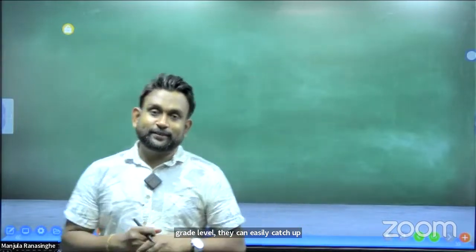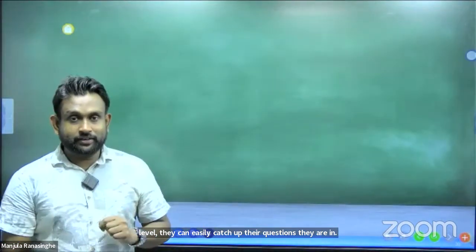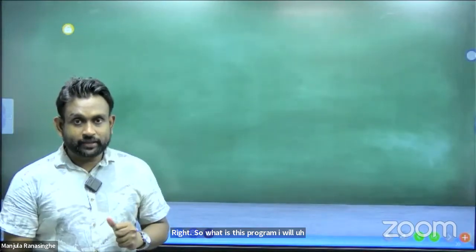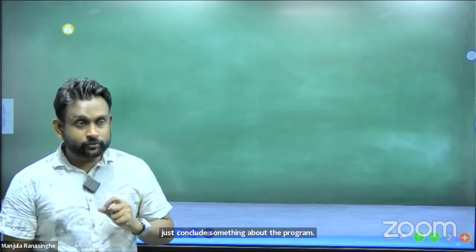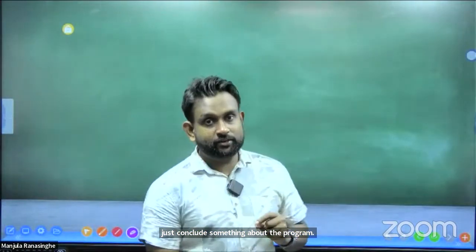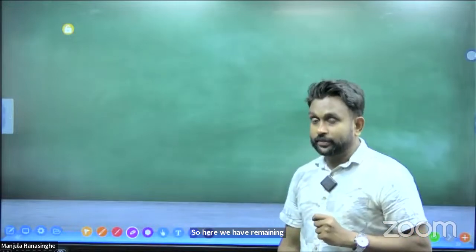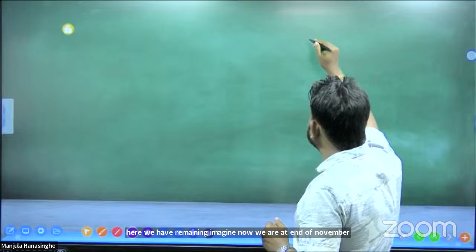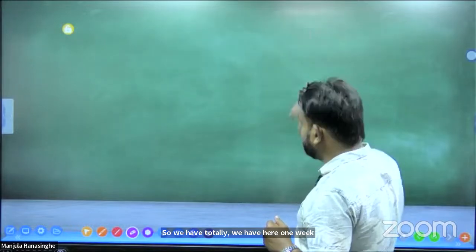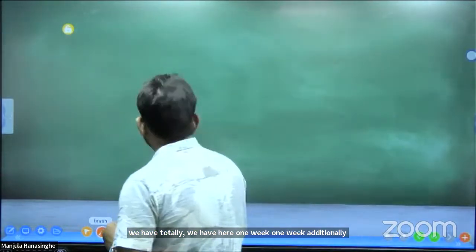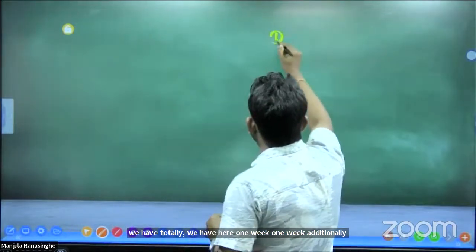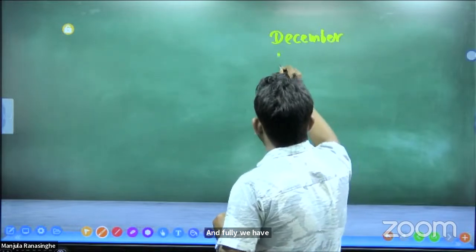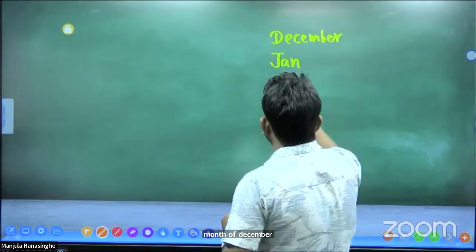Right. So what is this program? I will just conclude something about the program. Imagine now we are at the end of November. So we have 1 week additionally, and fully we have the month of December, January, and February.